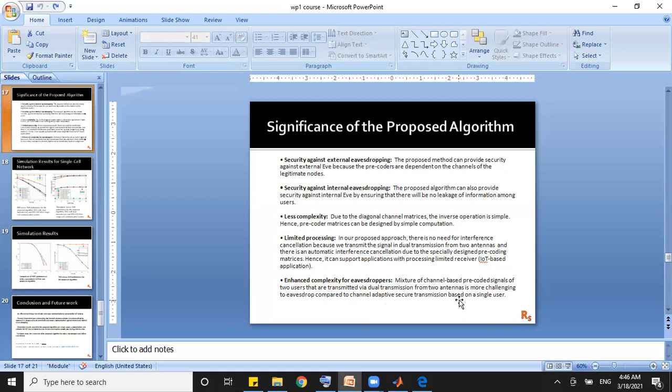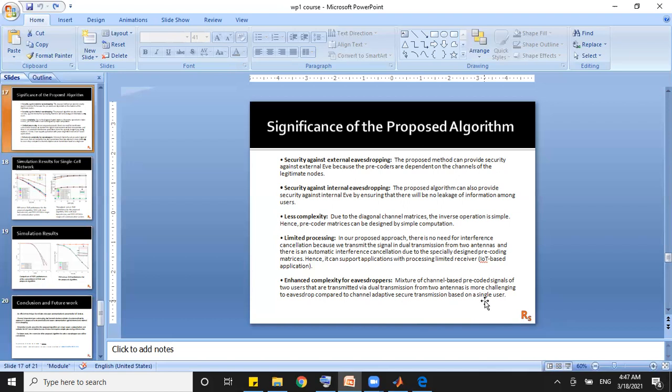And with the channel-based precoding matrices of the two users transmitted via dual transmission from two antennas, it is more challenging to eavesdrop compared to the channel adaptive secure transmission based on a single user. So these are the advantages and the significance of the proposed algorithm.